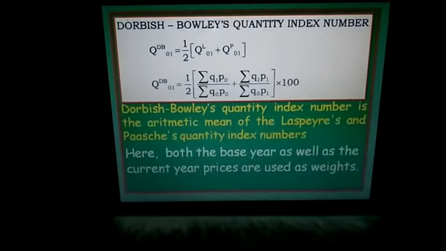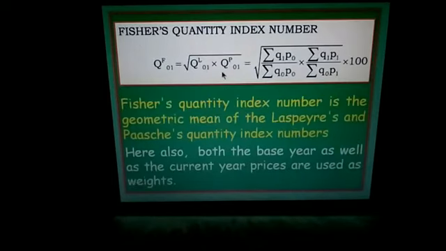So what should be the next index number? Fisher's index number. Correct? So the next one is Fisher's quantity index number. We know already Fisher's quantity index number is the square root, that means the geometric mean, of Laspeyres' and Paasche's quantity index numbers. That's why Q01F is equal to the square root of Q01L multiplied by Q01P, as we have written.